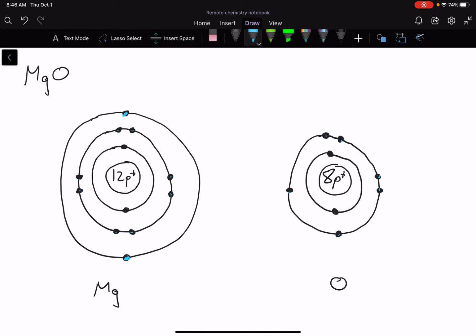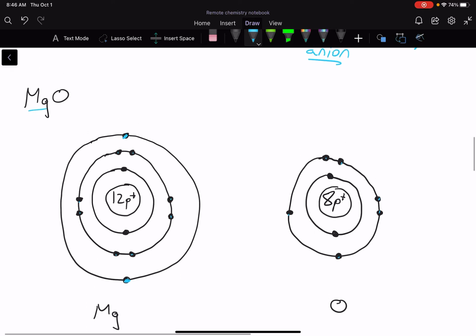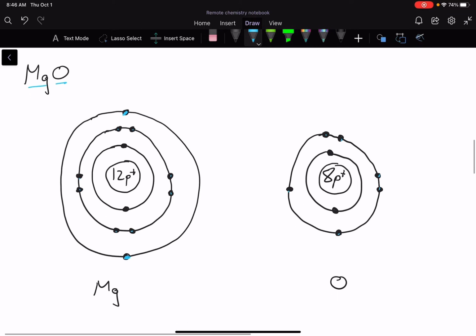So remember, the electrons are always transferred from the metal to the nonmetal. In this case, magnesium is our metal, oxygen is our nonmetal, and you can tell because they're on opposite sides of the staircase on the periodic table.